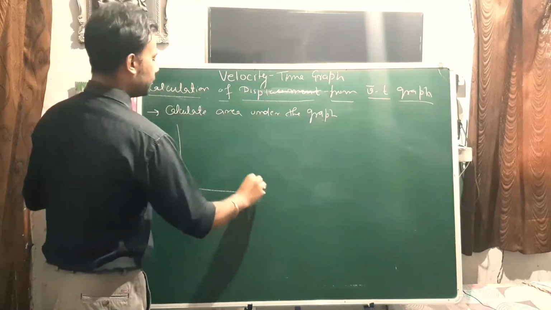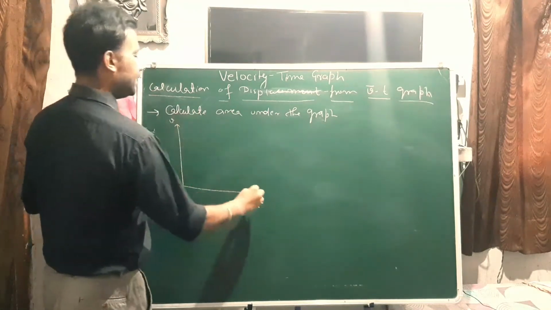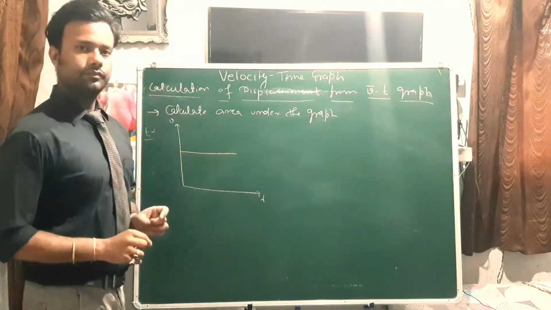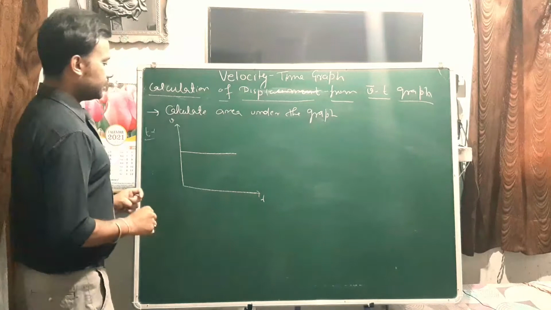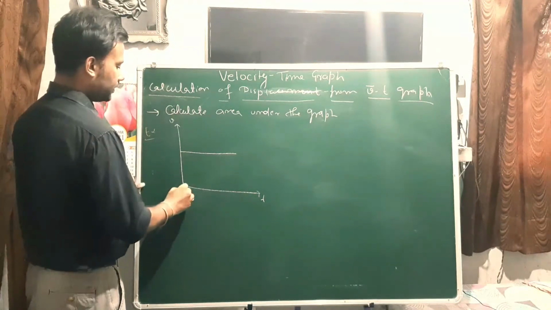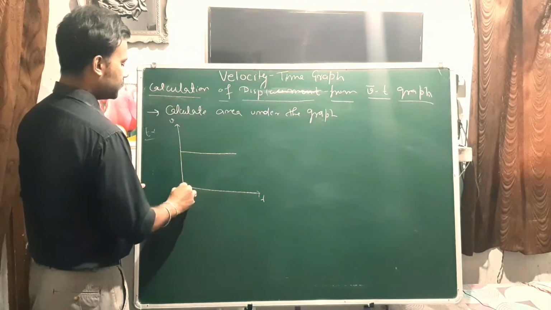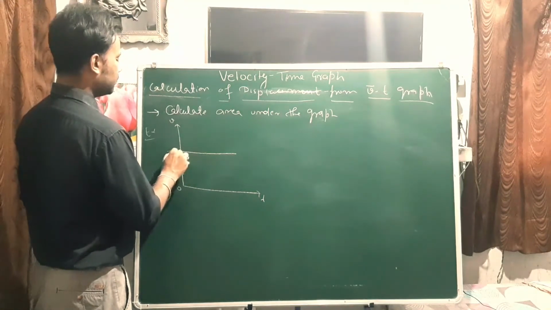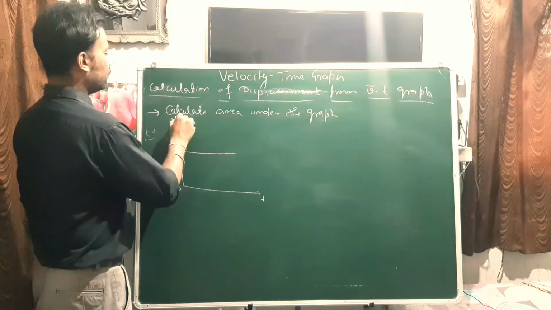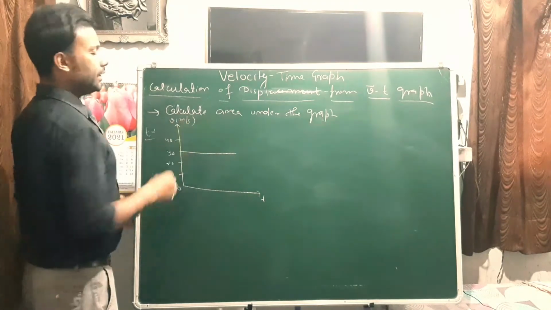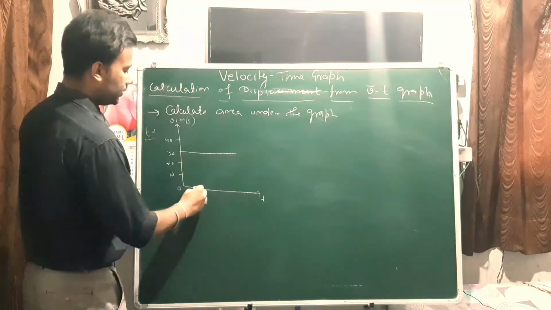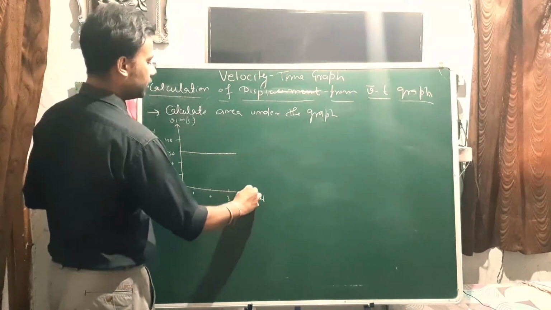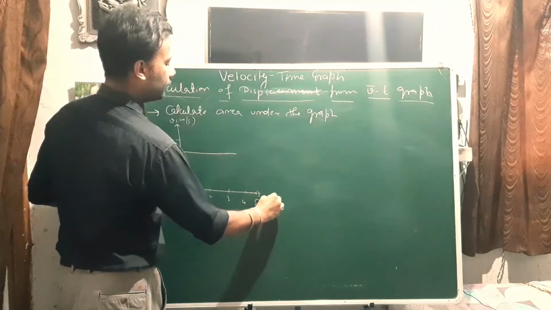For example, suppose we have a VT graph like this. Okay, and this is 0, 10, 20, 30, 40, and the speed is in meter per second, and time is 1, 2, 3, 4 and 5.